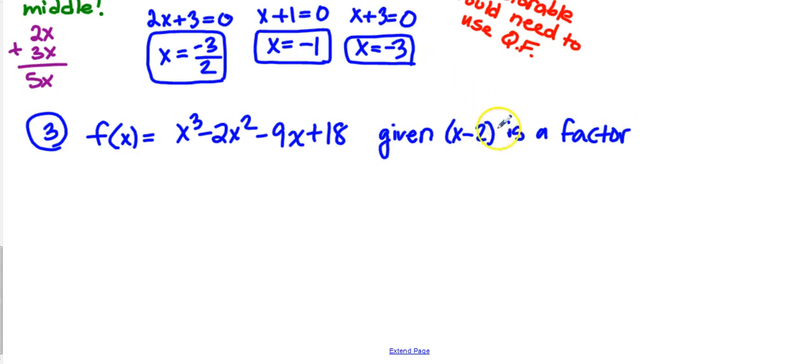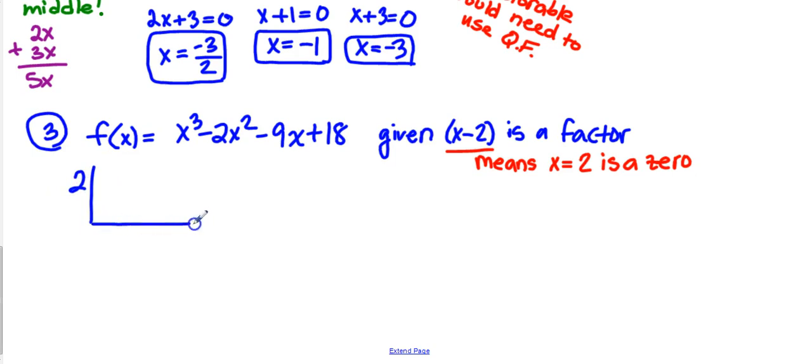So if x minus 2 is a factor, means x equals positive 2 is a 0. So positive 2 is going to go outside my box. Once again, I know I can use synthetic because this is a linear factor where a is 1. Let's check for placeholders. 3, 2, 1, 0. No placeholders needed. Go ahead and fill in your box and do the synthetic by yourself.